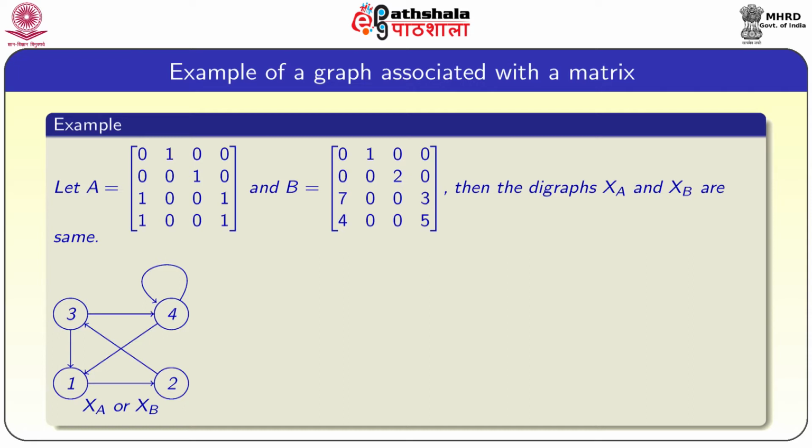This is the digraph for A as well as the digraph for B. Look at that, there is a self loop at vertex 4. It is because in A the (4,4) entry is 1, and in B also the (4,4) entry is 5, which is not equal to 0.